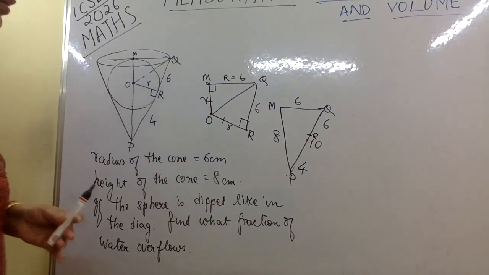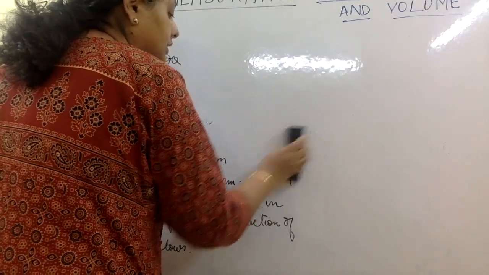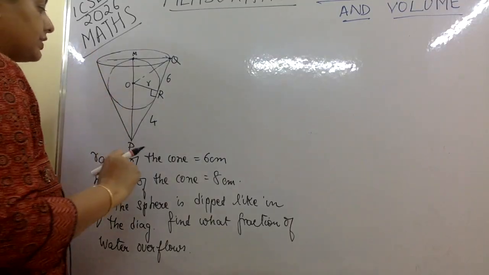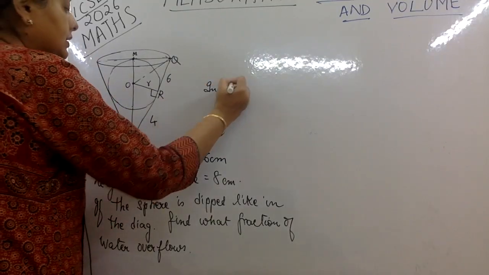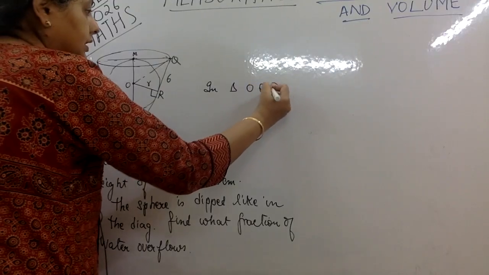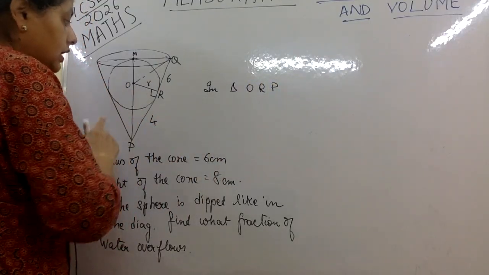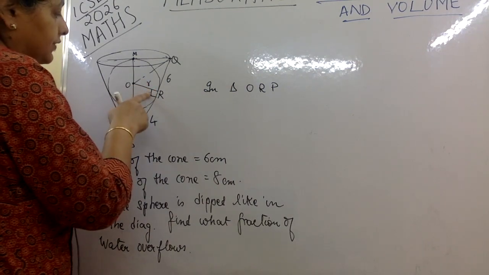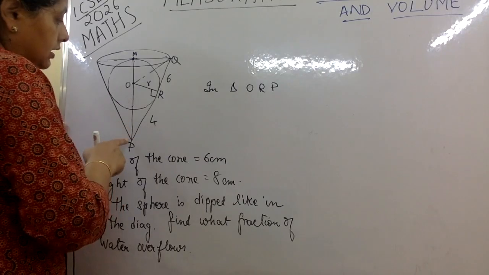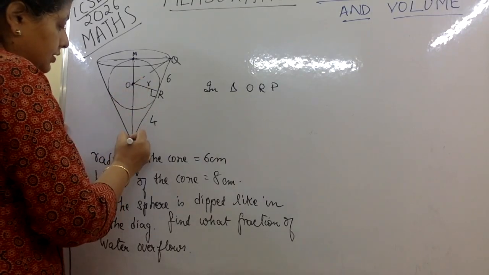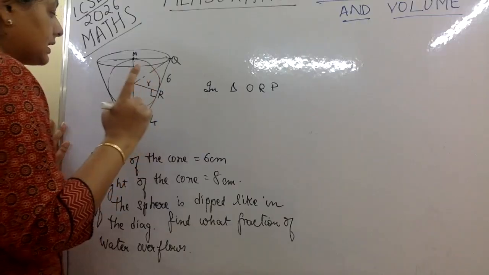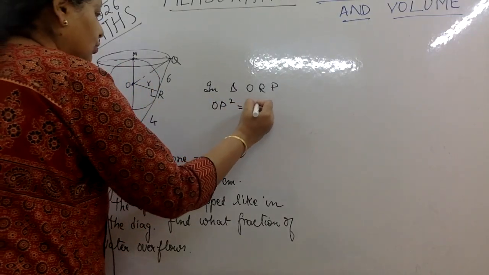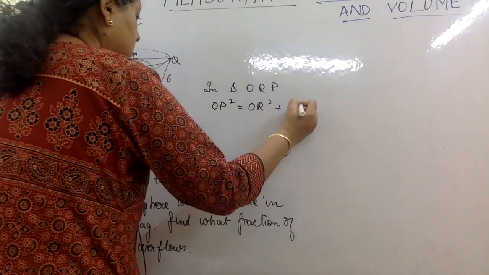So let us now see how to proceed with the question. We don't know the radius of the sphere. We have to find the radius of the sphere. We will take triangle ORP, that is this triangle over here. This R, the radius of the sphere, we don't know, but OP is 8 minus R. So can I write OP square is OR square plus PR square?